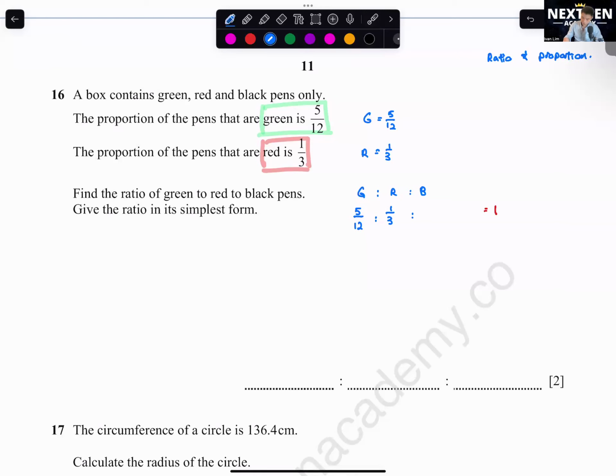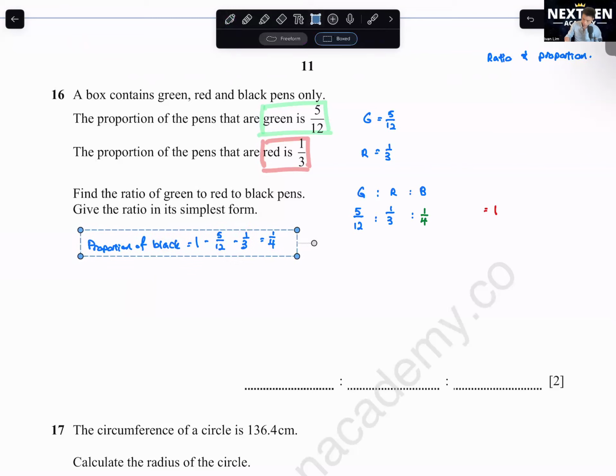We want to find the proportion of black, so you are going to take 1 minus 5 over 12 minus 1 over 3. Take your calculator and just type it in. We will get 1 over 4. So the proportion for black over here is 1 over 4.